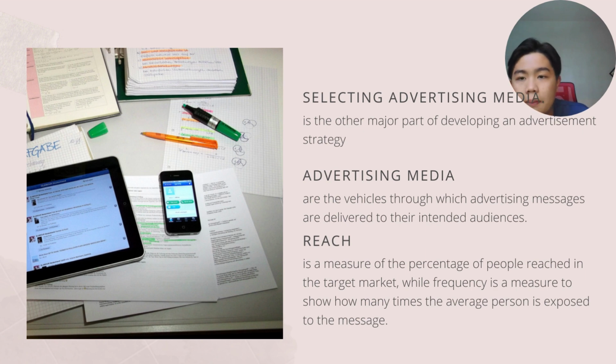To select media, a marketer must decide upon the reach and frequency of advertising that is desired. Reach is a measure of the percentage of people reached in the target market, while frequency is a measure to show how many times the average person is exposed to the message.